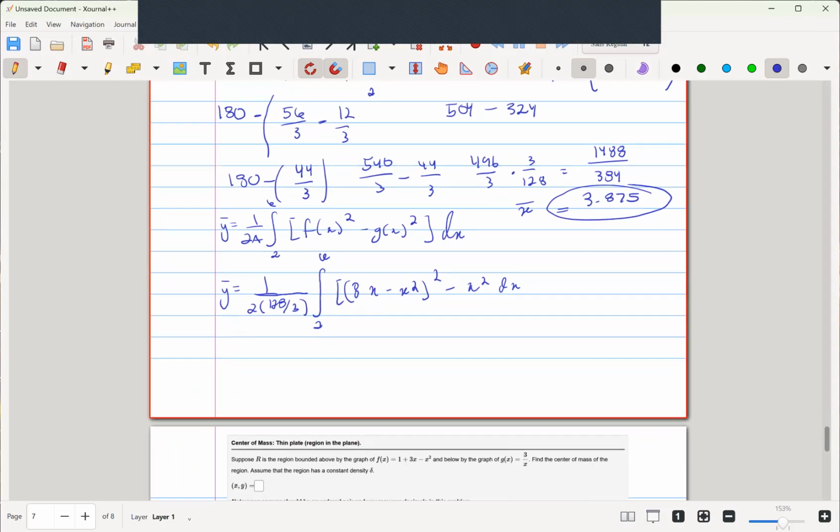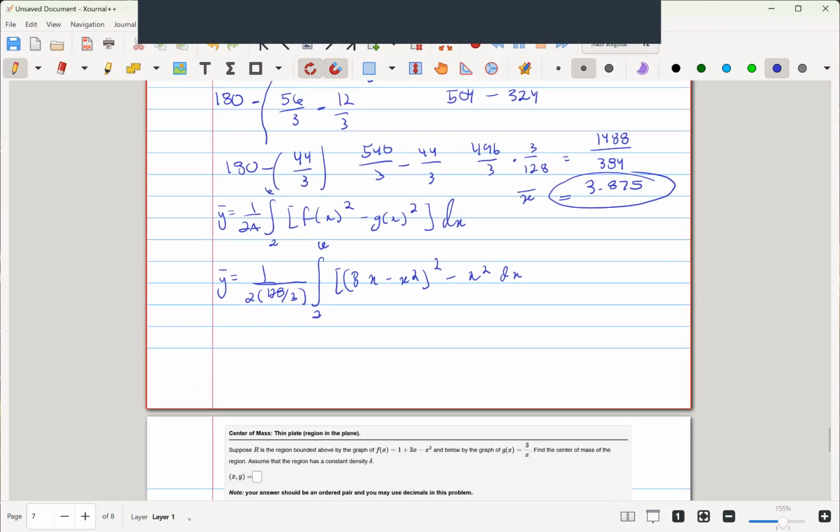That's going to simplify. We FOIL 8x minus x squared squared, which gives us 64x squared minus 8x cubed minus 8x cubed plus x to the 4th, all of that minus an x squared. Do we really not get an x squared? Oh yeah, 64x squared. I believe that's the only x squared we get.